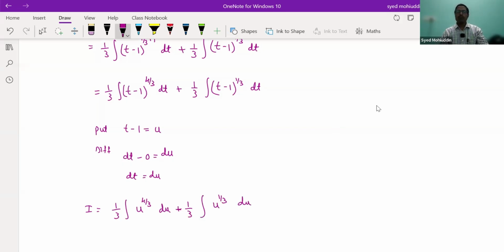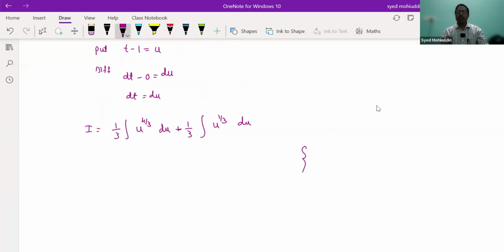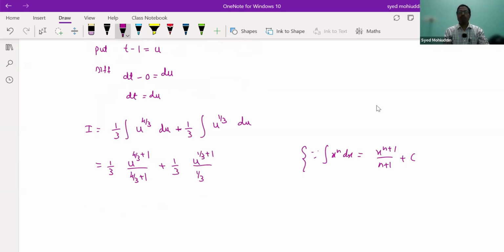We know this formula, integral of x power of n into dx will be nothing but x power of n plus 1 by n plus 1, plus the constant c. If I use it, 1 by 3 u power of n value is 4 by 3, so 4 by 3 plus 1 divided by 4 by 3 plus 1, plus 1 by 3, again u power of 1 by 3 plus 1 divided by 1 by 3 plus 1, plus the constant of integration c.